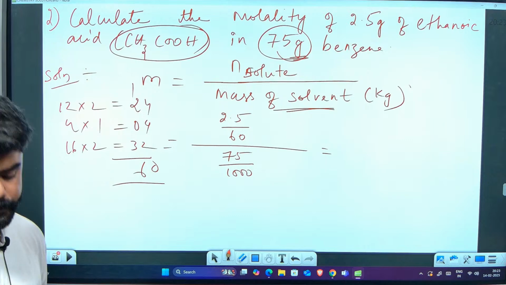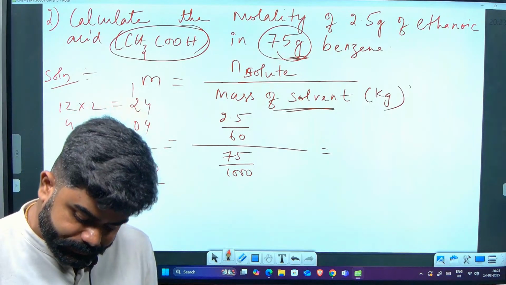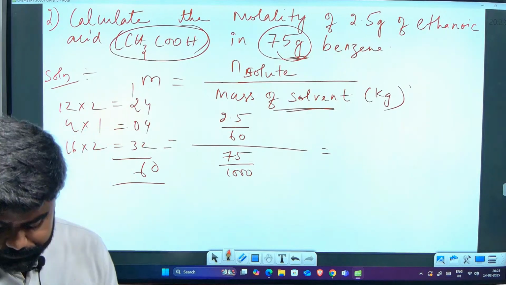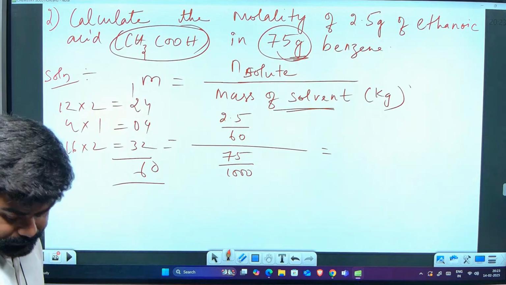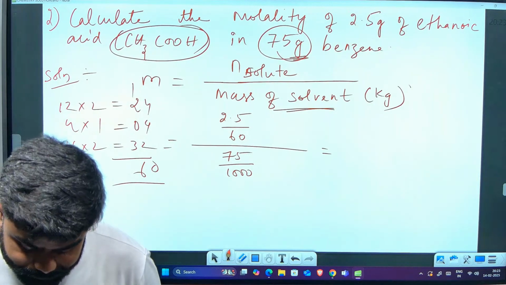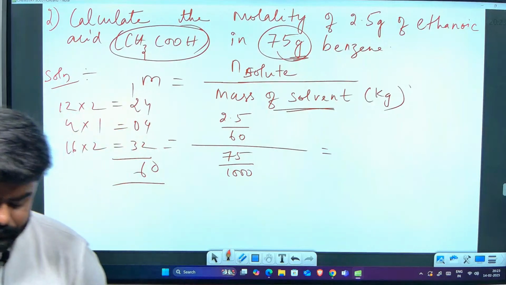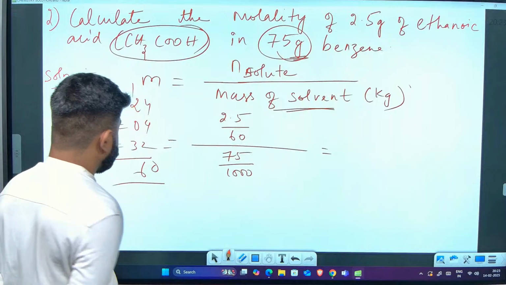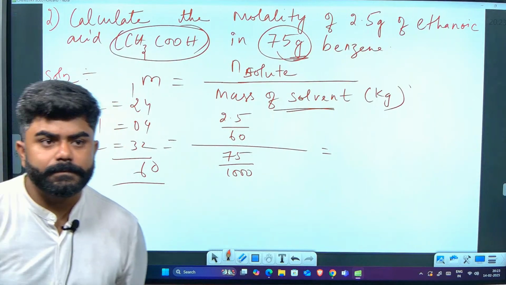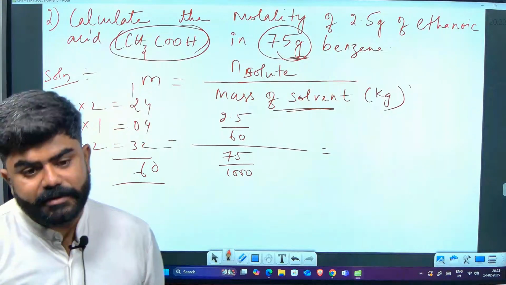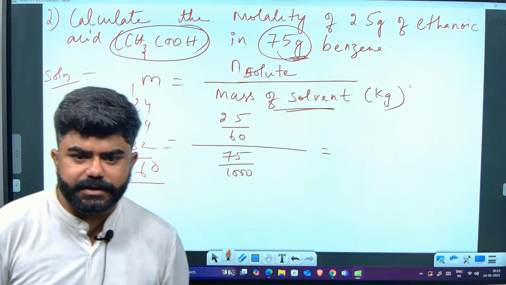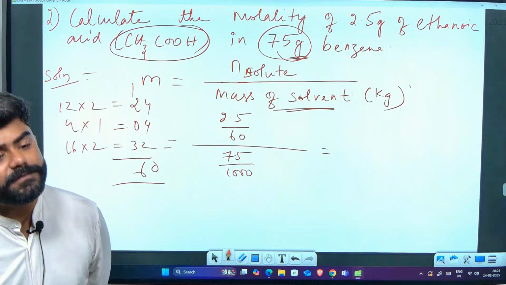Sir, 0.5 m. Yes, that's right. 0.556 molal, round off, that's fine, but always try to keep 4 digits after the decimal point.